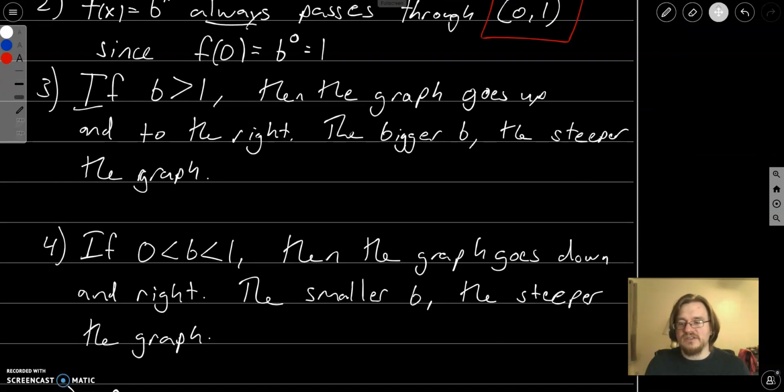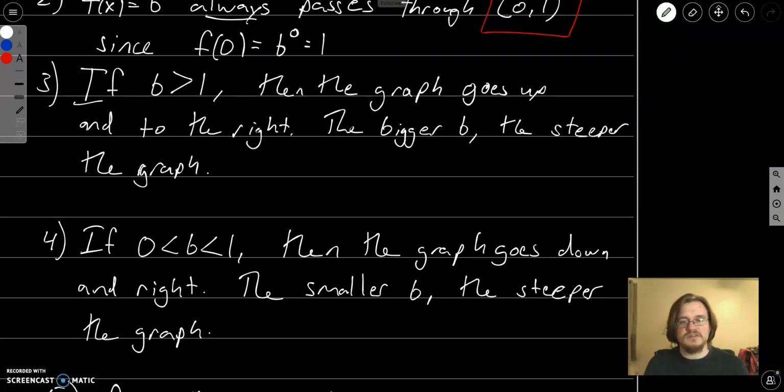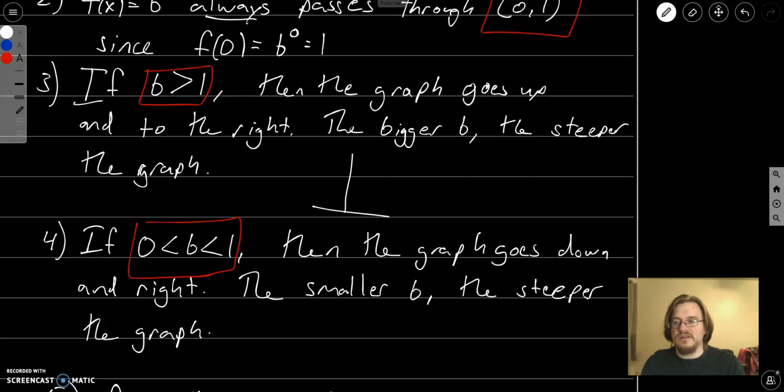And then there's the two different types of exponential functions. There's the ones where b is going to be bigger than 1, or the ones where b is going to be smaller than 1. The ones where b is going to be greater than 1 will look like this, where they're going to go up and to the right.